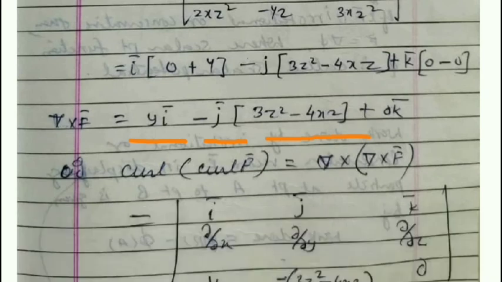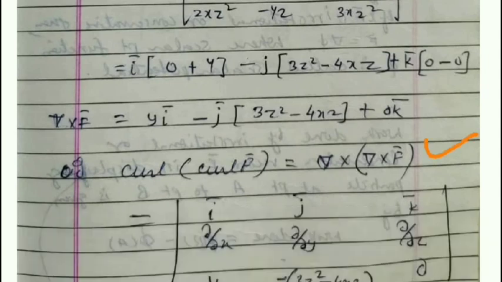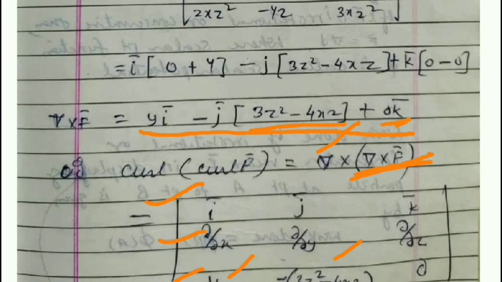So again we have to calculate the curl of this, that means del cross f bar. Curl of a vector function means del cross. So again calculate the determinant: in the first row write i, j, k, then in the second row write the components of del, and in the third row write the components of del cross f, that means y, 3z square minus 4x square, and 0.